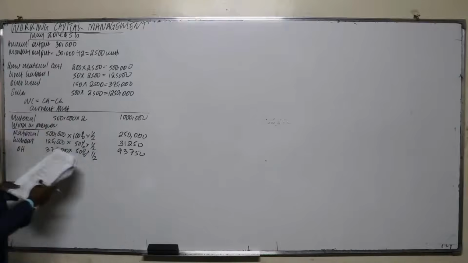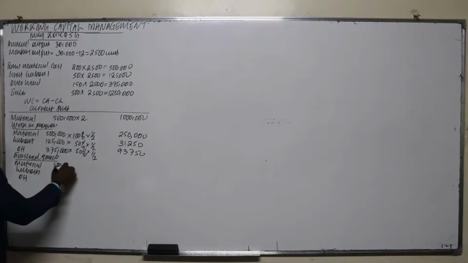$93,750. Then number 3, finished goods are in stock on average for 1 month. So the work in progress will also be an element of the finished goods. We have the material, we have labor, then we have overhead. For material was an amount of 500,000.